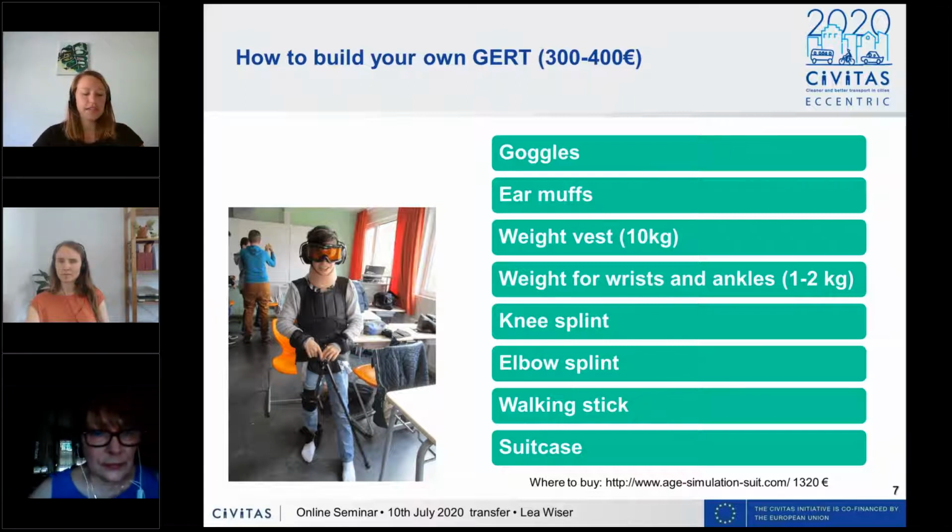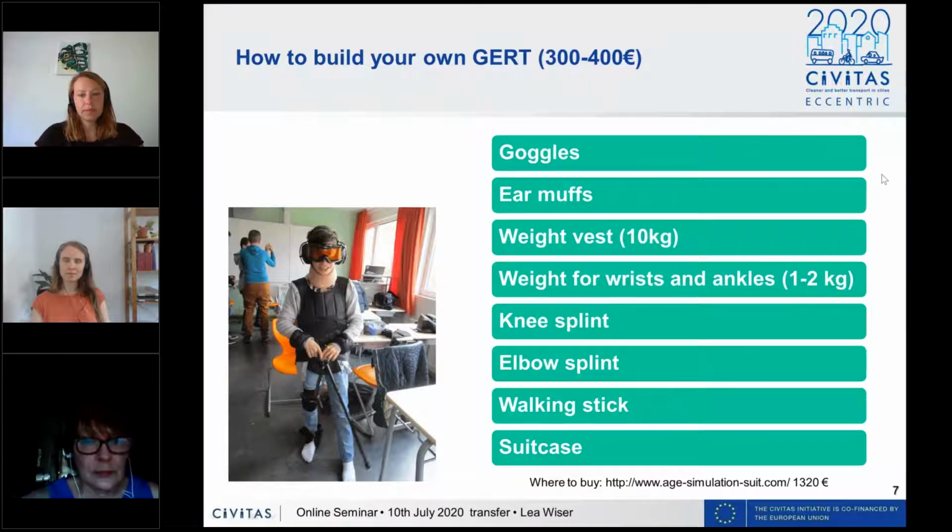We have ear defenders to cause hearing loss. We have a 10-kilo vest, which is really heavy, and some weights on ankles and wrists. Also some knee and elbow splints, so that the person cannot bend their knees and elbows anymore.